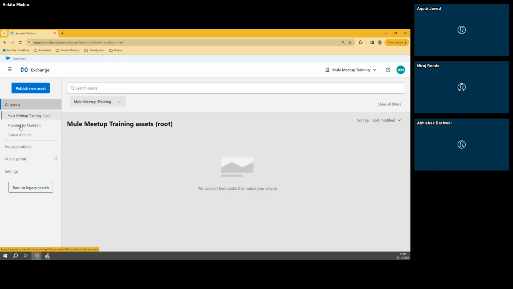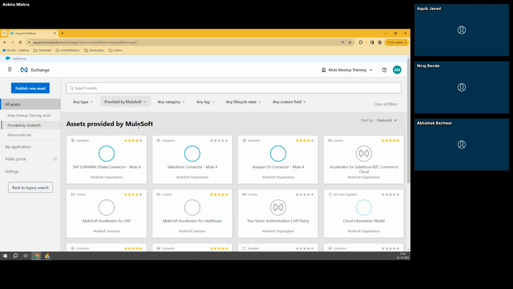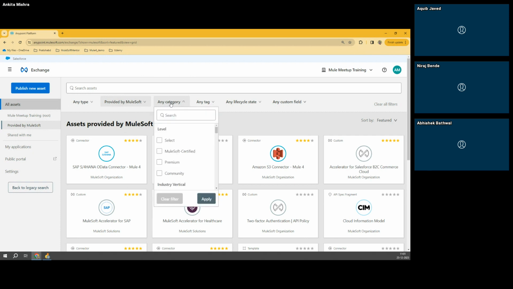But let me select this particular option that is provided by MuleSoft. So you can see the kind of assets which are present in our Exchange, which are provided to us by MuleSoft by default. You can click on any category, and you should be able to see the set of assets that I am talking about. Okay, the assets for Salesforce, Microsoft, Amazon, IBM.